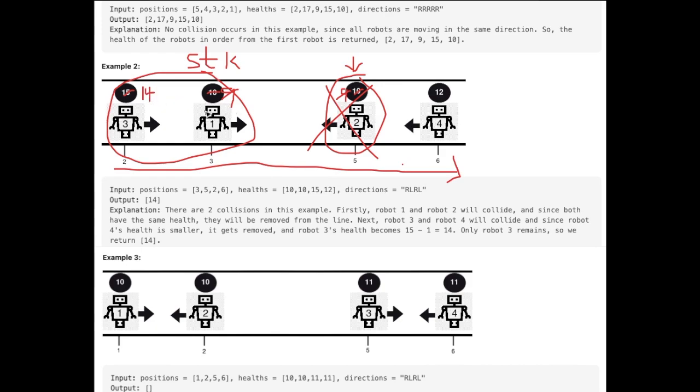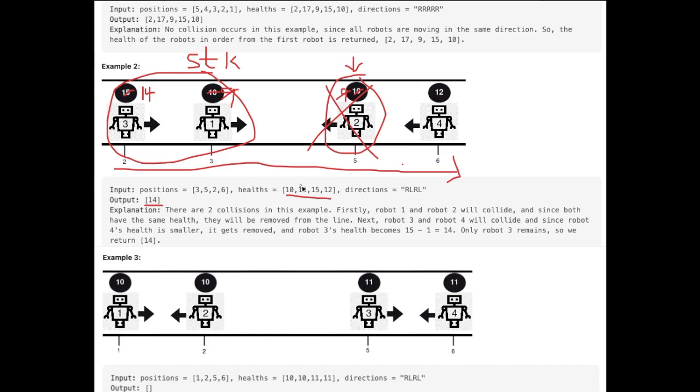So we have to keep track of the index of each robot so that we can decrease the health in here. So after doing all this, we're going to check if there's any robot that has greater than 0 health. If there is greater than 0 health, then we're going to include that in the answer.